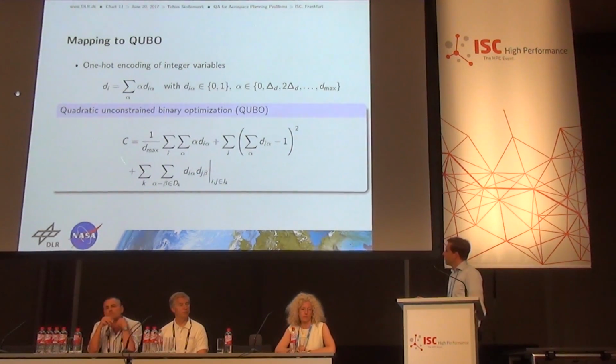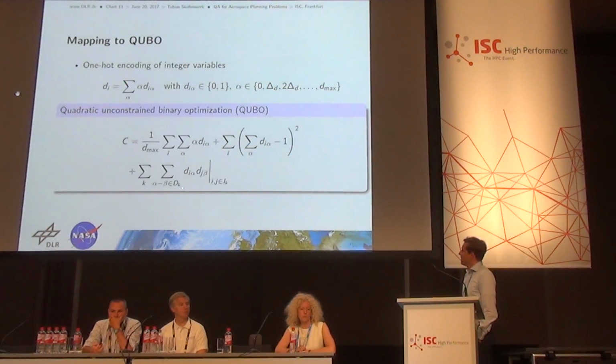And the same holds true for the third term, which is due to the conflict avoidance. I sum over all the differences in the departure delays which are inside this forbidden interval, and if the 2 bits are activated, then this is penalized.